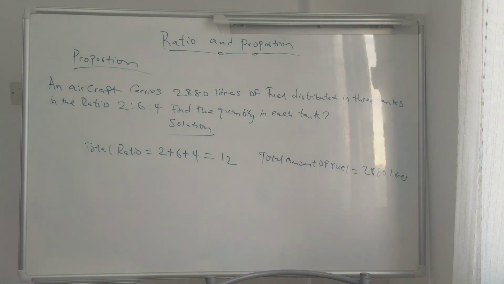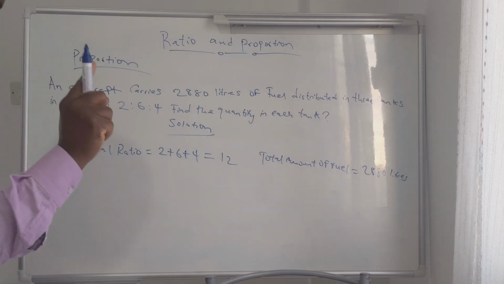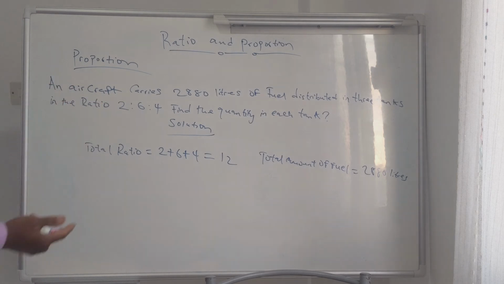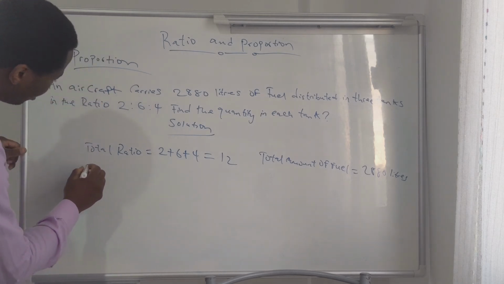Now, let's find the amount of fuel each of them will carry per ratio, per one ratio. That's according to the first method.